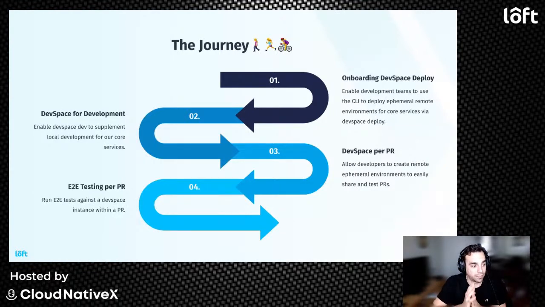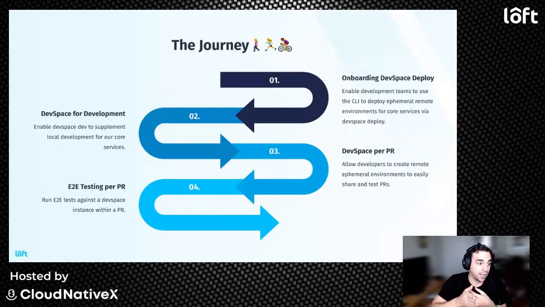And so the first iteration was DevSpace deploy. And that essentially allows you to pull a repo, run a command, and it would generate essentially the ephemeral environment within Loft. And it has kind of like the controls that Loft provides you with, such as the remote sleeping, as well as the automatic deletion, which helps with resource management and things like that.